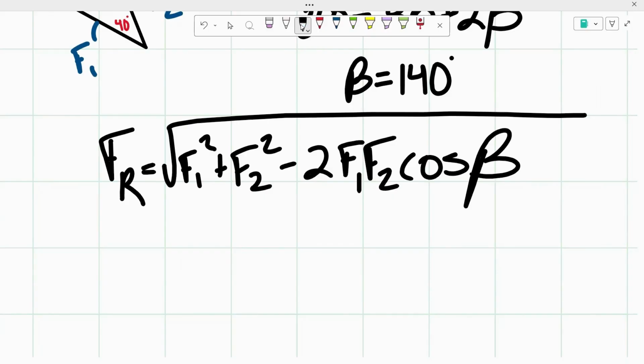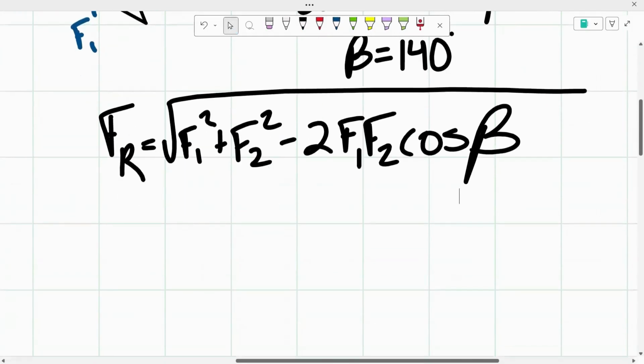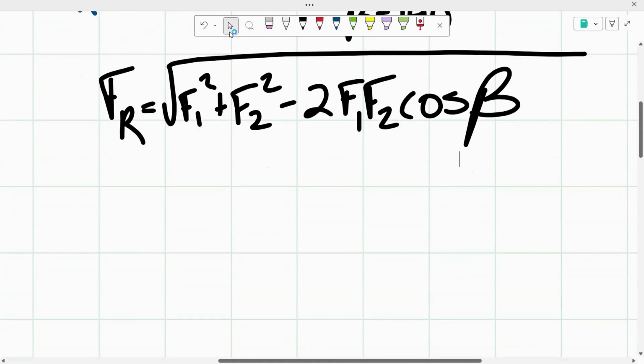Fr here represents our resulting force. Then we have our F1, F2, and we already know what beta is because we solved for that earlier.